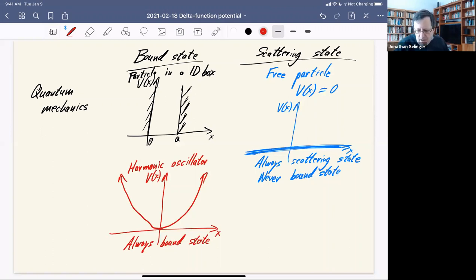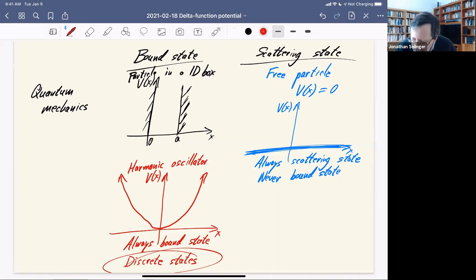Now, you may have noticed something about the states in each of these examples. In the two situations where we have bound states, we have discrete states. That is, you can count the states: the lowest, the second lowest, the third lowest, etc. You can count the states on your fingers.